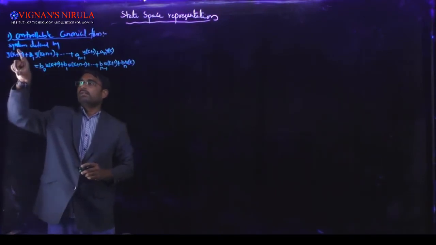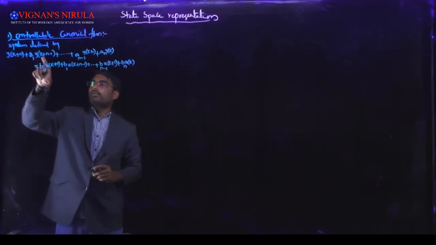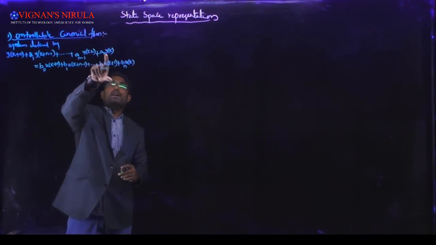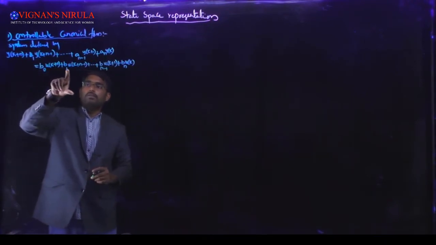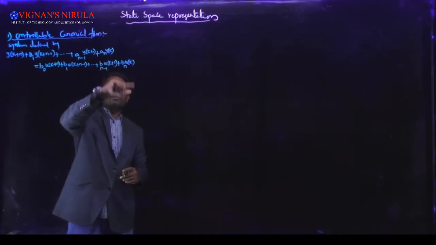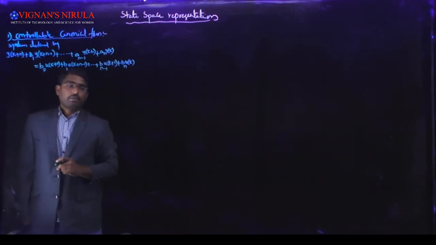This is a discrete time system defined by y of k plus n plus a1 into y of k plus n minus 1 plus and so on plus an minus 1 into y of k plus 1 plus an into y of k equals b0 into u of k plus n plus b1 into u of k plus n minus 1 plus and so on plus bn minus 1 into u of k plus 1 plus bn into u of k. The system is defined by this difference equation.